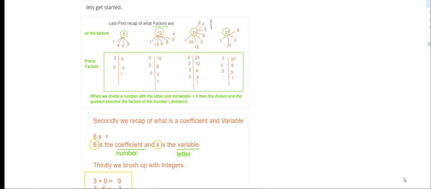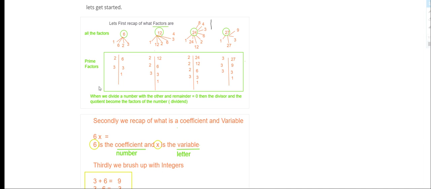Now, before we actually begin with the factorization, let's have a quick recap of certain topics that we're going to use. One is factors. What is the meaning of a factor? When I divide one number by the other and I get a remainder equal to 0, then the divisor and the quotient become factors of that dividend.